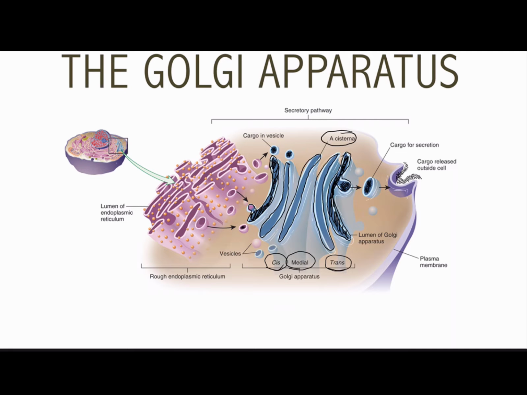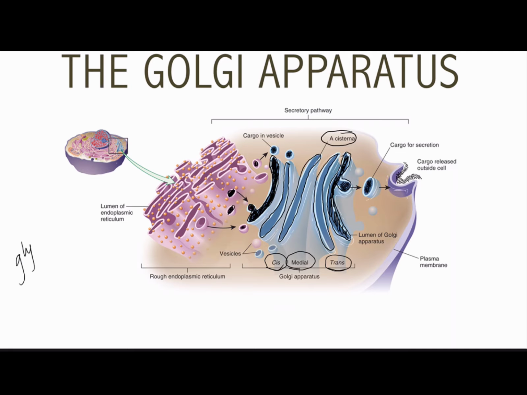So remember, we've got these components, these proteins, these cargoes, these lipids, inside little vesicles which are budded off from the endoplasmic reticulum. And they get deposited inside these stacks of membrane. And in that stack of membrane, there are more enzymes which chemically modify the proteins and the lipids.